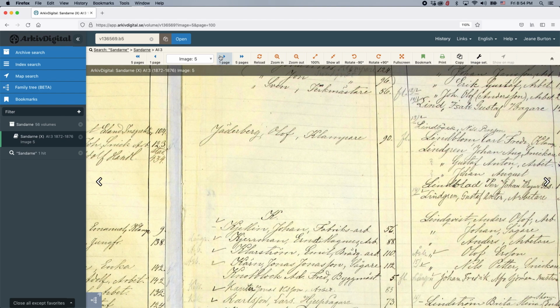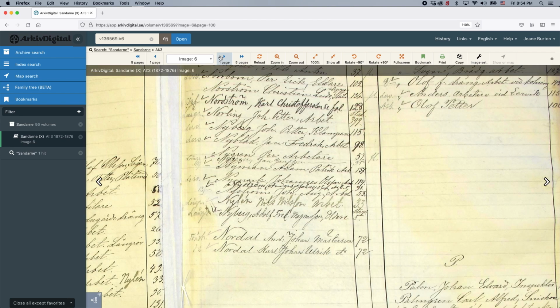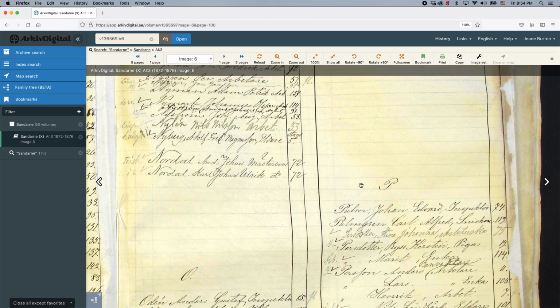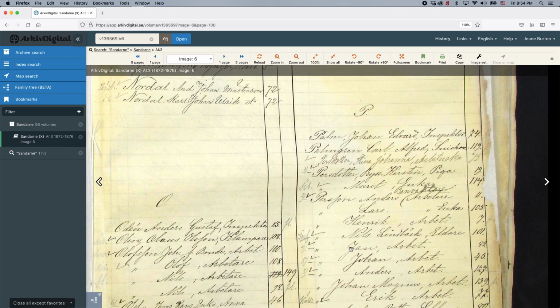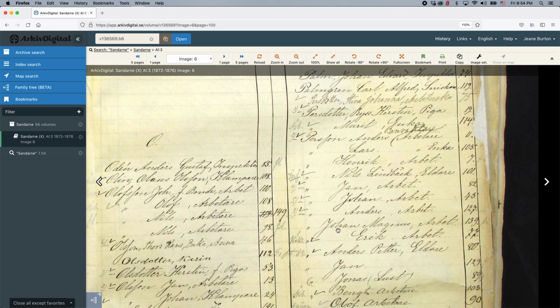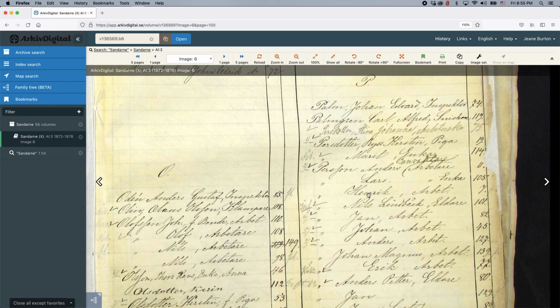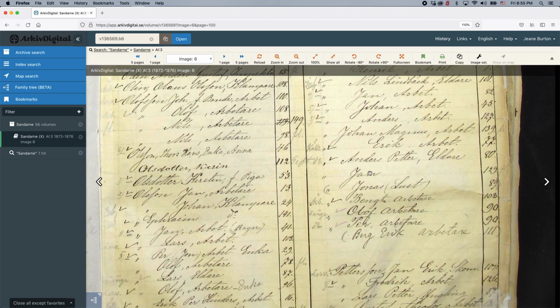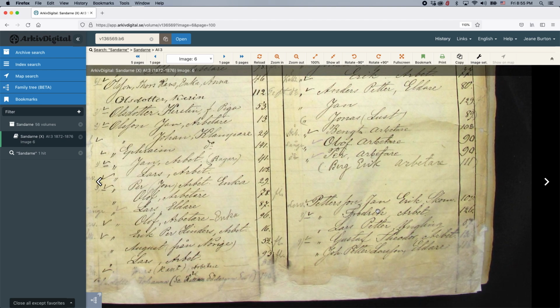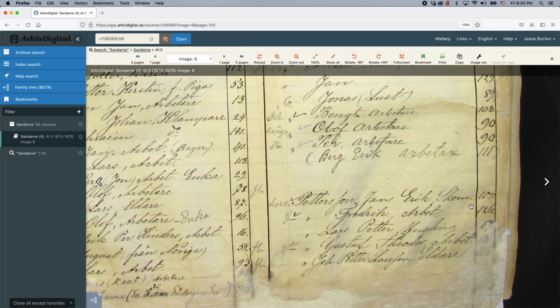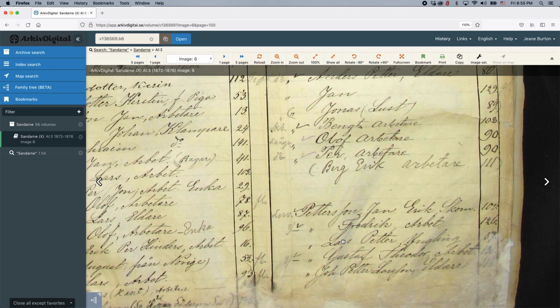There's K. And here's P. We're looking for Peterson. Now, here is Pearson, and we find Jan Erik Pettersson, and we're pretty sure it's him. There might be another one, we'll look and see, but we know this is him because he's a skomakare, which is the shoemaker, the cobbler.